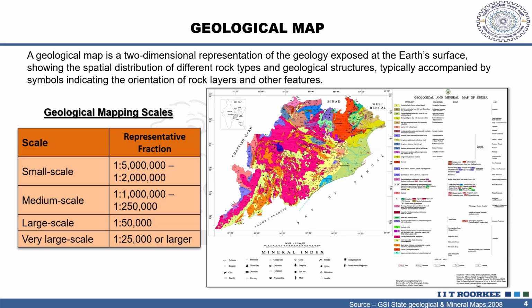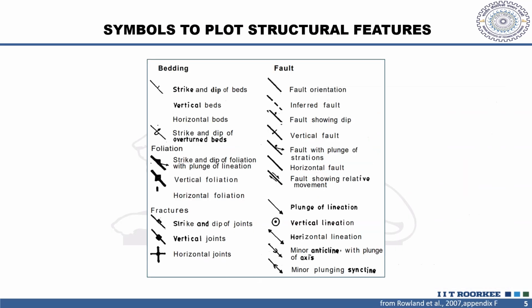So they basically provide the base onto which this orientation data is superimposed, which leads us to discussing topographic maps. We'll be talking about topographic maps just after some time. These are the symbols to plot the structural features. These symbols are used along with the geological map to show any structural features that we have seen in the field.